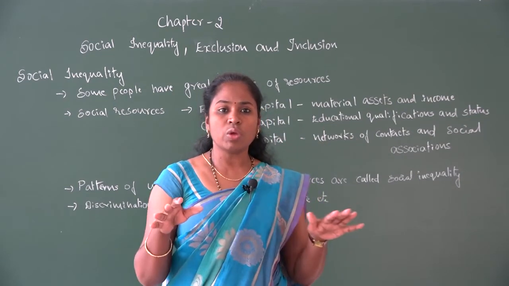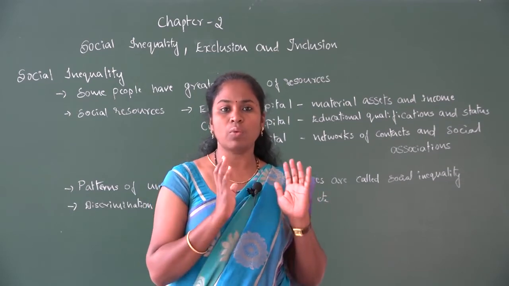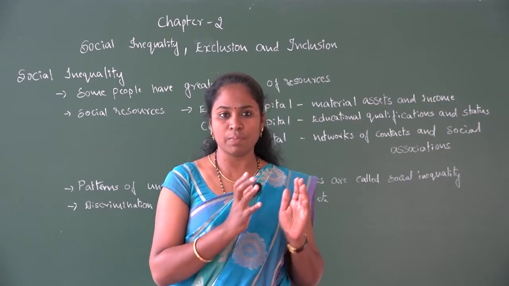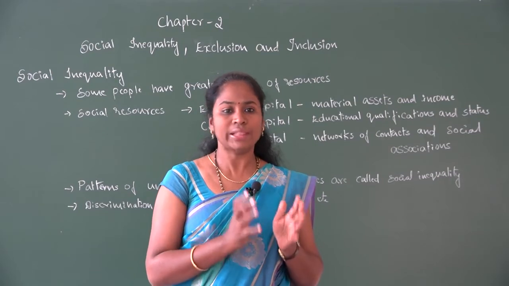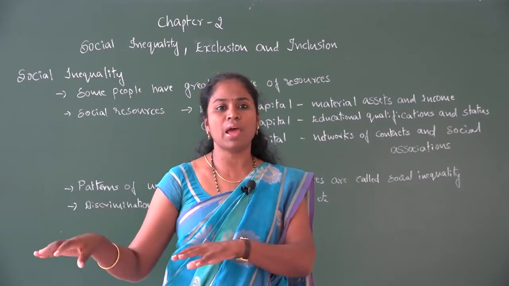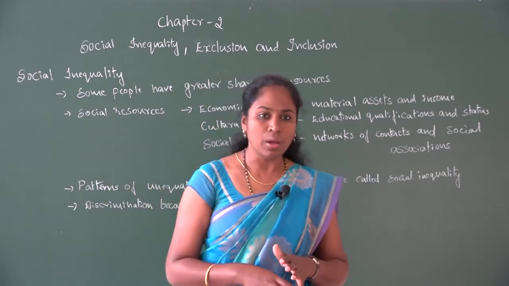So we can see that in the society the resources are not distributed equally. Some people have more resources, the greater share of the resources is acquired by one particular group or one particular family or one particular individual. Other people have limited resources, or very few resources, so we find the inequality between the people here.